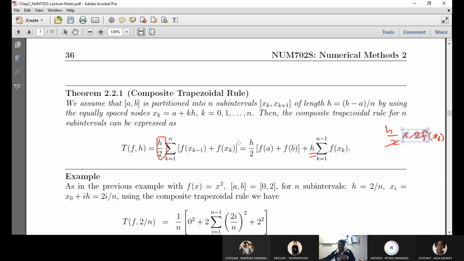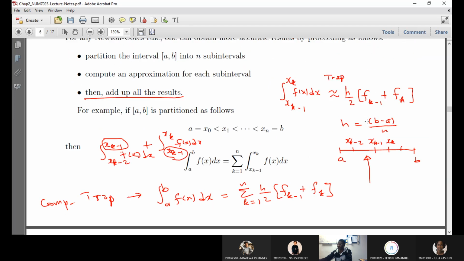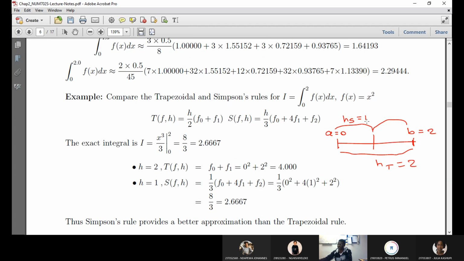Now, let us go back to the improvement of our first example. You recall this example where we blindly applied the trapezoidal rule with a single subinterval, and we found that the result was not good.